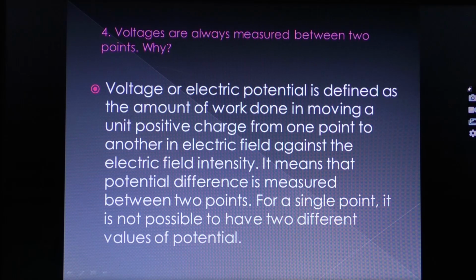So definitely we cannot measure the potential difference at a single point, because these 2 points are relative points and it is always measured between 2 points. For a single point, it is not possible to have 2 different values of potential. What is needed for the potential difference? As it is clear, potential difference gives you the difference between the 2 points carrying 2 different values of potential, which is always possible if there are 2 different points which are taken.